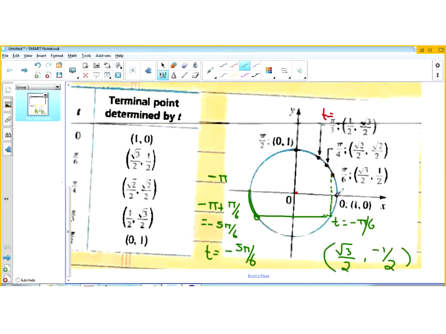So if we start at the origin at t equals 0, then we go to t equals negative pi, and then we go counterclockwise pi over 6, we'll come back to negative 5 pi over 6. So that's what this would be. This arc corresponds to t equals negative pi over 6, and by symmetry, this arc corresponds to t equals pi over 6.